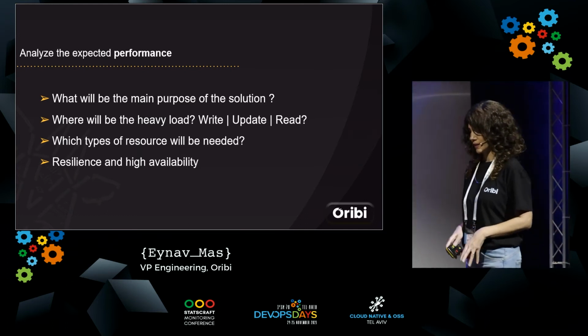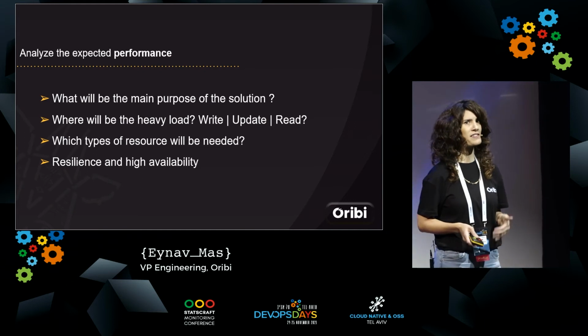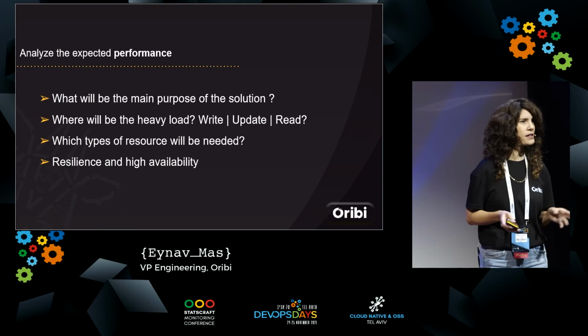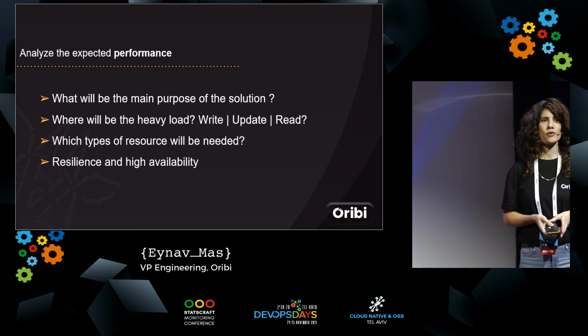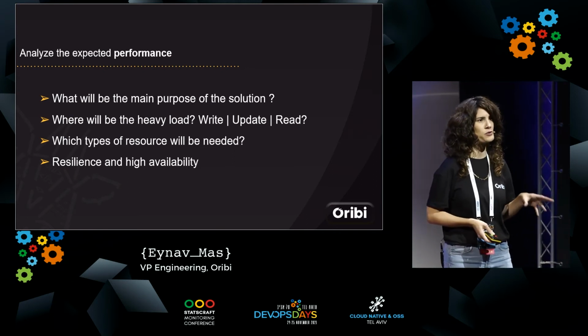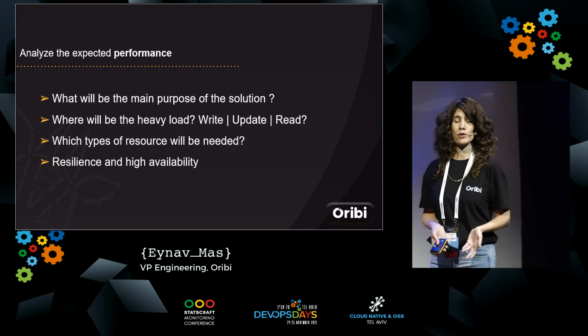Resilience and high availability. Most of the time, we want everything to be highly available, but it's not all the time such a need. So think what is the real availability that you need from your data solution and get it into action. I'll give you an example, okay?